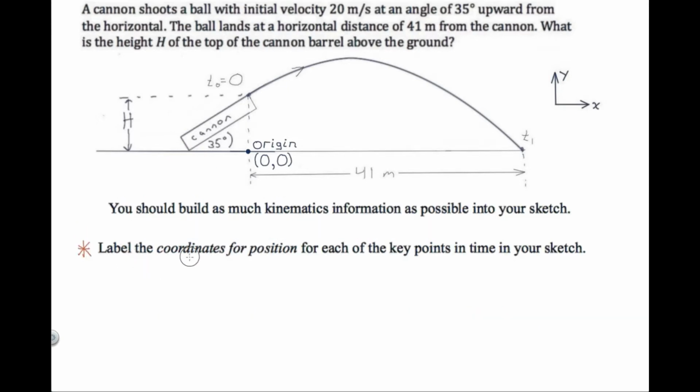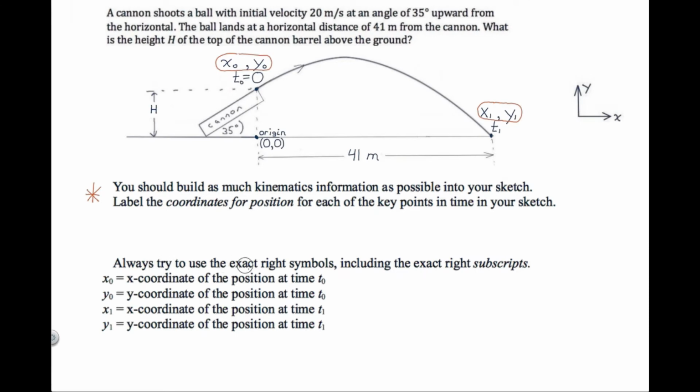Label the coordinates for position for each of the key points in time in your sketch. Always try to use the exact right symbols, including the exact right subscripts. At t sub 0, the coordinates for the position are x sub 0 and y sub 0. At t sub 1, the coordinates for the position are x sub 1 and y sub 1.